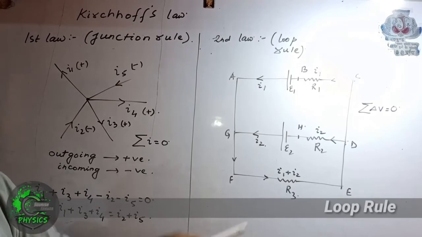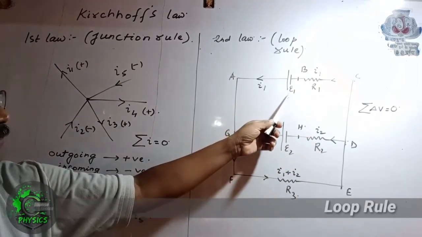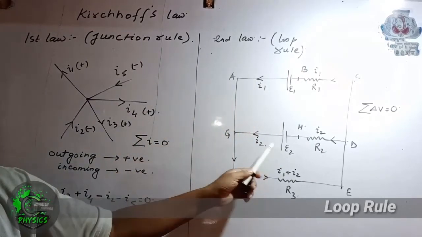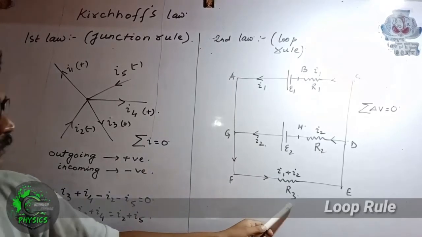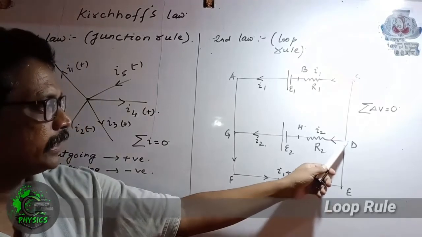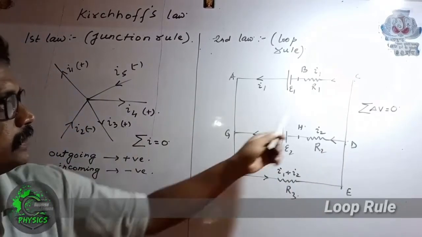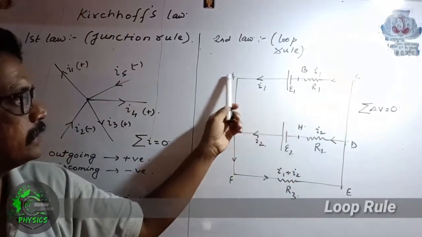Now the current is distributed in the circuit in this way: cell E1 gives the current I1, cell E2 gives the current I2. These two currents join together through R3, so I1 plus I2 is the current passing. Then at point D again they split up, I2 moves along G and I1 moves along the line CA.